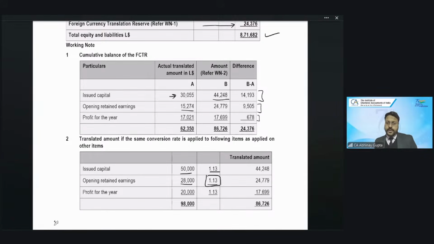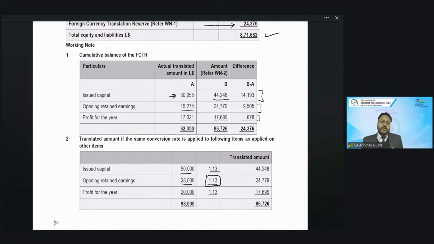Yes. Why opening retained earnings? We are converting at closing rate. Oh, no, sir. I could not recollect.